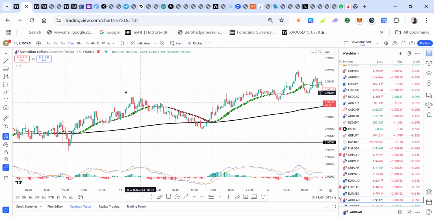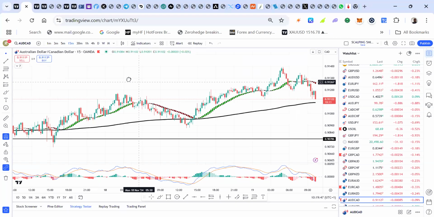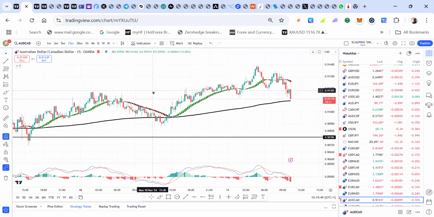All right. Now, TradingView allows you as a free user 3 indicators. Okay. Me, I'm a premium user. I can have as many indicators as I want. But for a free user, you have a maximum of 3. So this strategy is only 3 indicators.